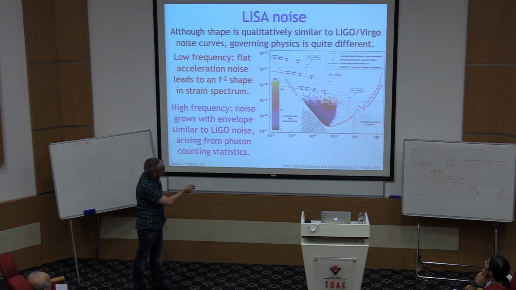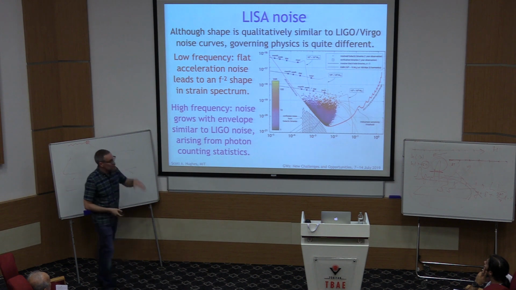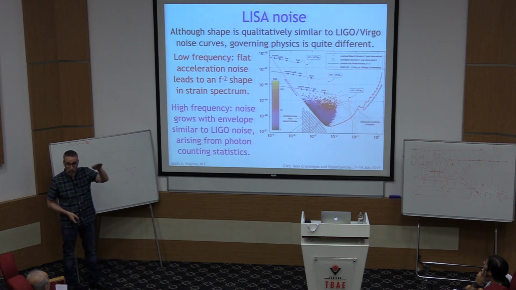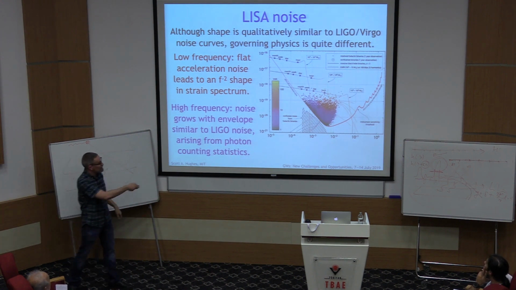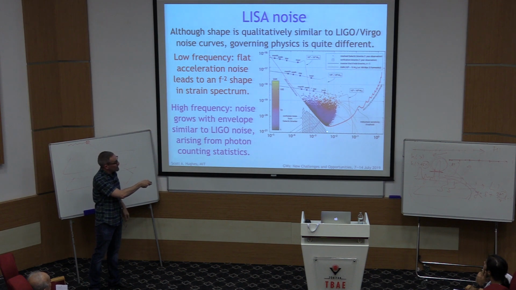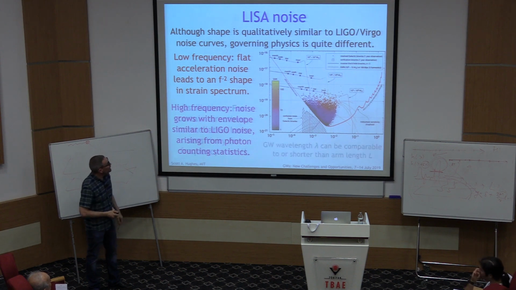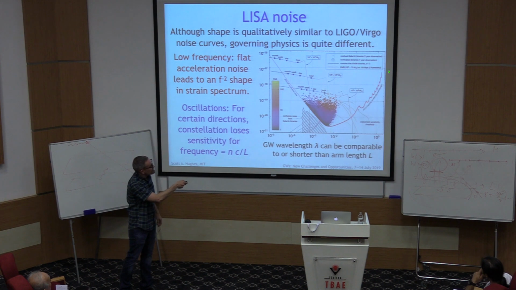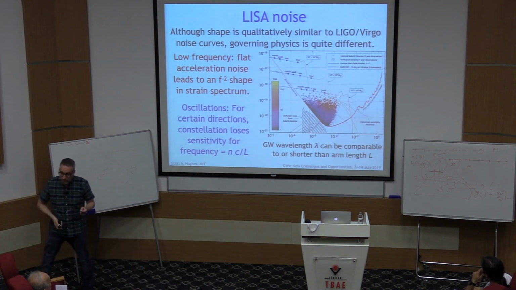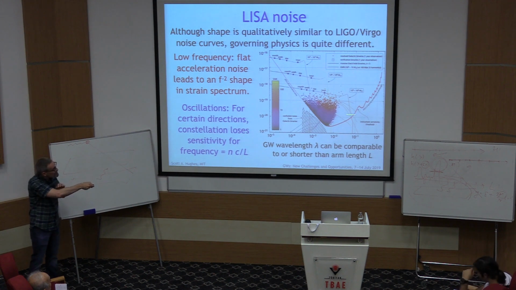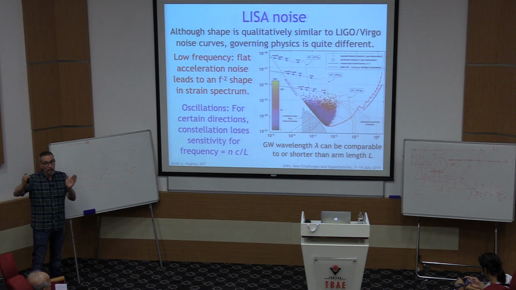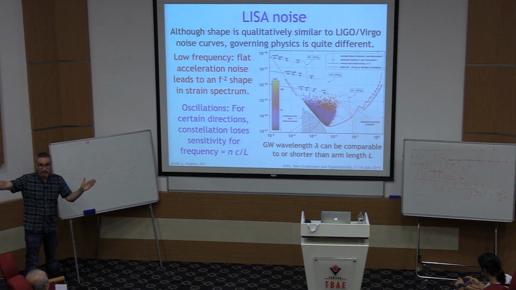At high frequency, you start out with that same sort of shot noise slope that we saw with LIGO. This is just measuring fewer photons as you go to higher and higher frequency. But you'll notice there's some oscillations that happen here. The oscillations come about because in this regime, we are no longer in this regime where the arm length is larger than the detectors.